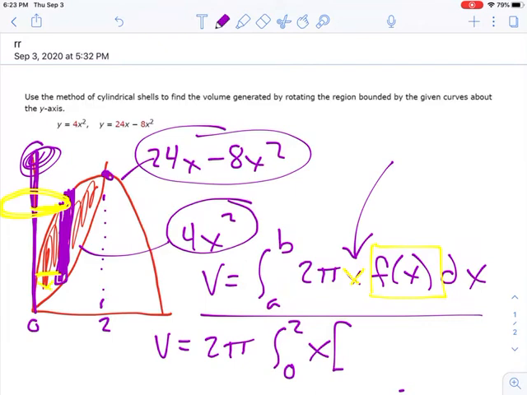So what we have is 24x minus 8x squared minus 4x squared. That is in place of this. So it's really the difference between those two functions. So we can simplify that then.